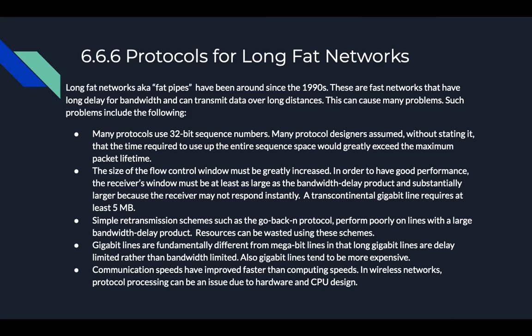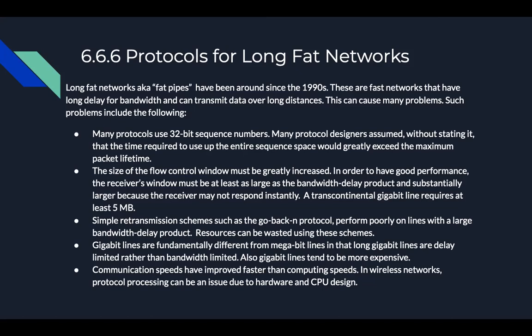The size of the flow control window must be greatly increased. In order to have good performance, the receiver's window must be at least as large as the bandwidth delay product, and substantially larger because the receiver may not respond instantly. For example, a transcontinental gigabit line requires at least 5 megabytes.